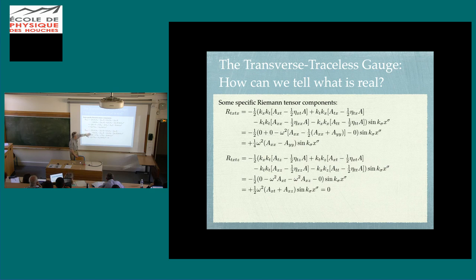Okay? And you can evaluate other ones, and it's all in the printed version of my talk. If it looks like we're going to have something here, gee, looks like those components matter too, but they don't.